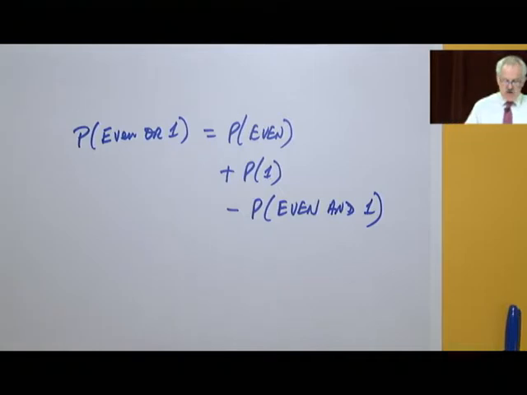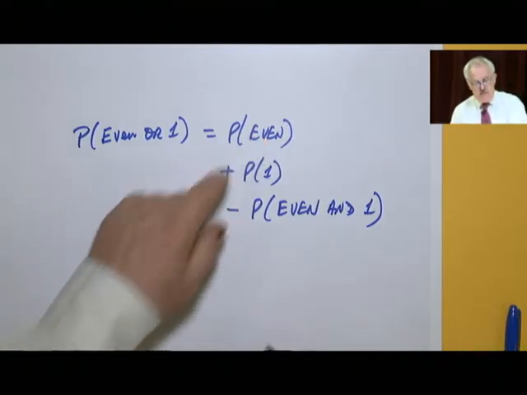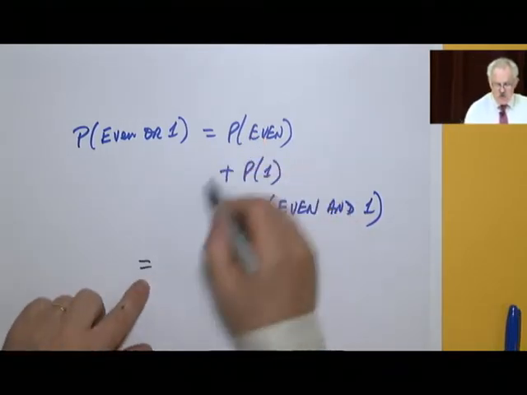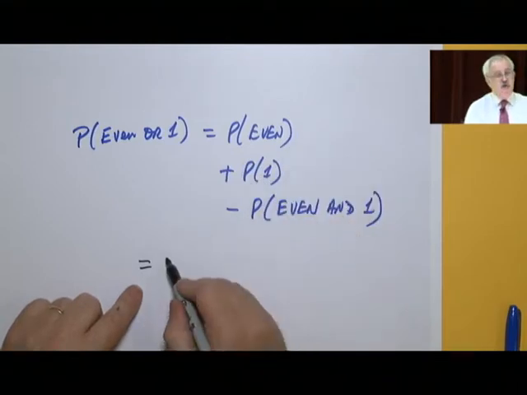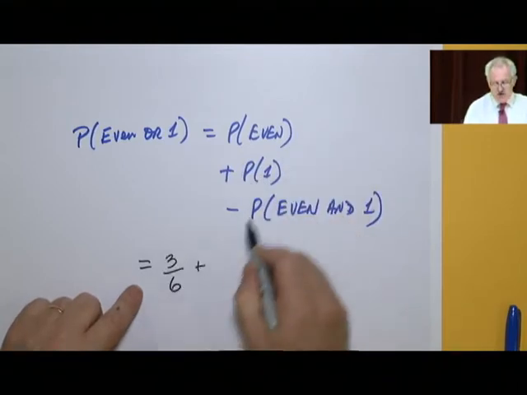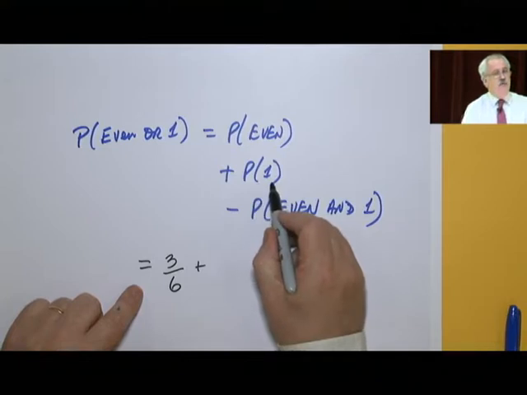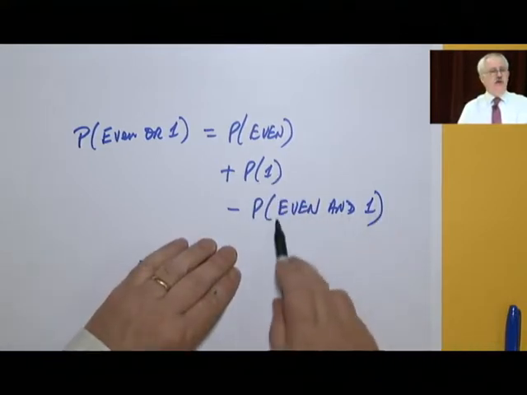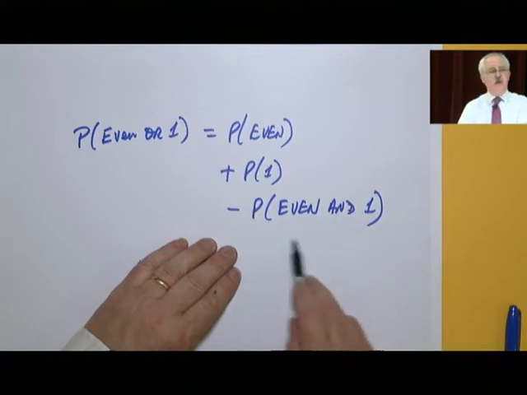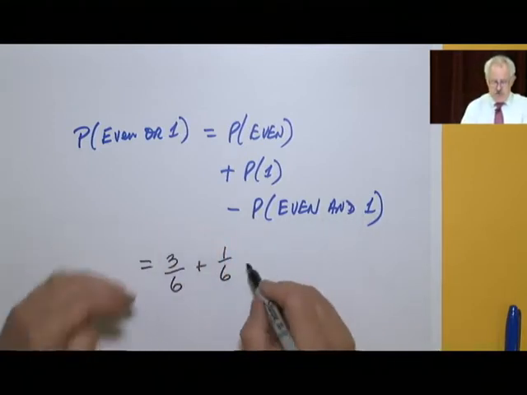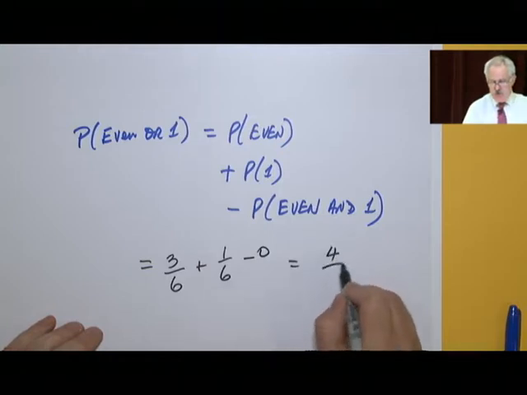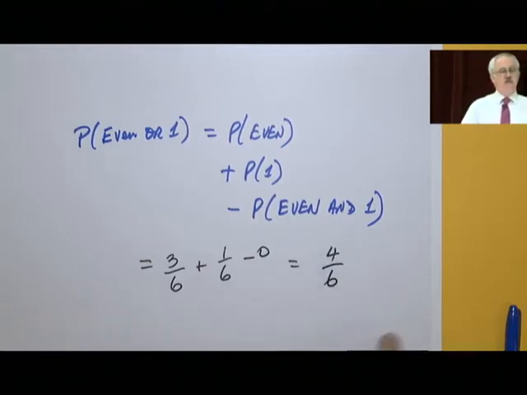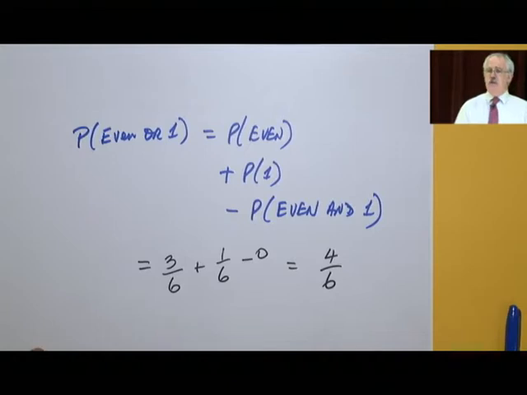Now if we look at that, what's the probability of it being even? P(even) is going to be 3 over 6. What's the probability of it being 1? 1 over 6. And what's the probability of something being both even and 1? Is that possible? No, minus 0. 4 over 6. So we would get the same either way. It works in every case. Is that okay? The general rule.